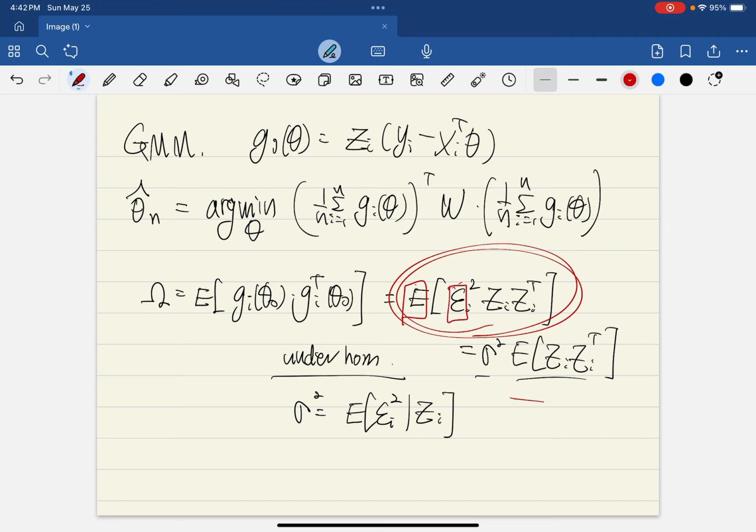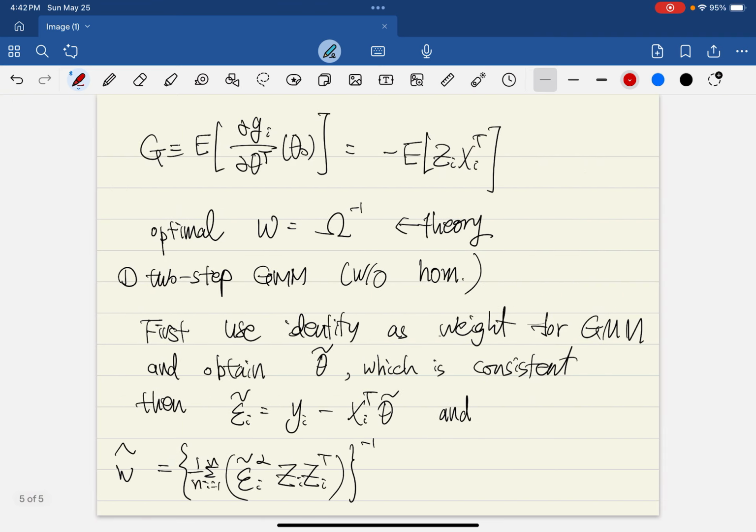So because of these two, we cannot implement this theoretical weight. So we replace epsilon with its estimator, and we only use the finite sample average instead of the population expectation. This is how you can implement the optimal GMM.